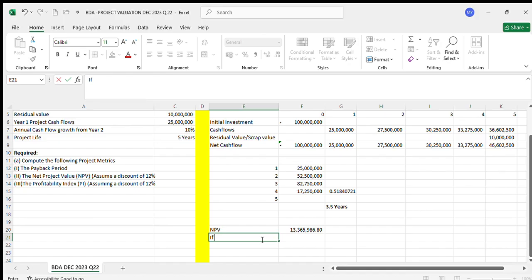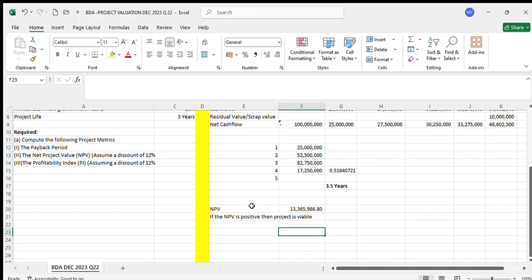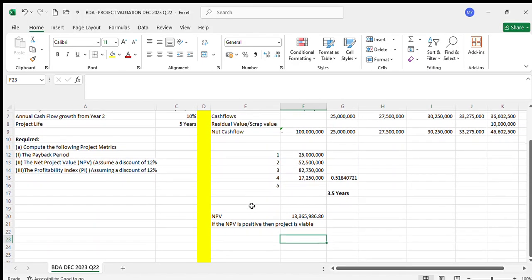If the NPV is positive, then the project is what? The project is viable. If it's negative, then the project is not viable, so we cannot carry out.